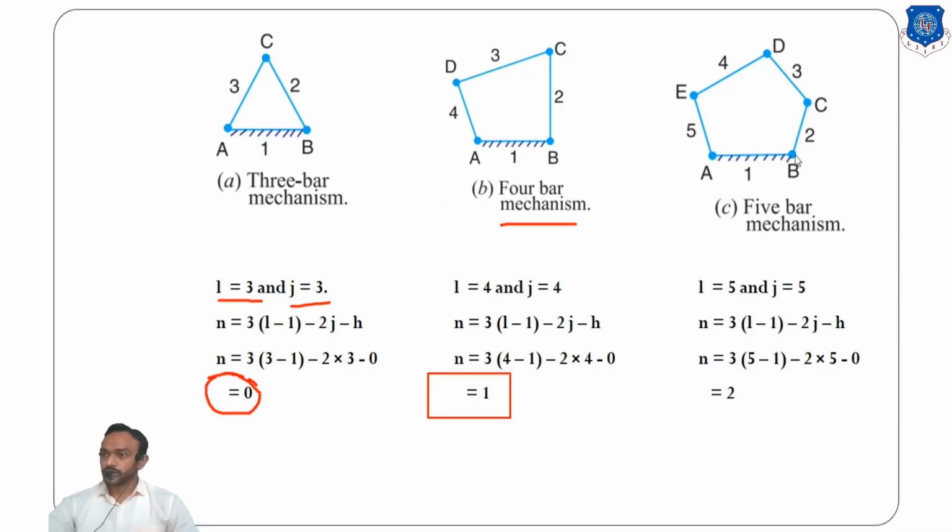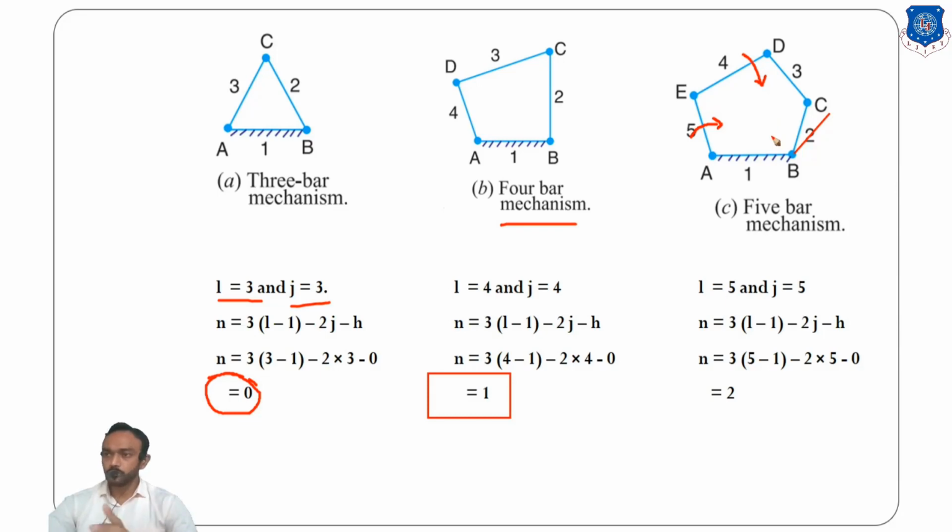Degree of freedom 2 means if we want the output, link number 2, to be in this position, how many inputs are required? You have to give motion to this link in one direction, and also one of the other links has to move in a particular direction.